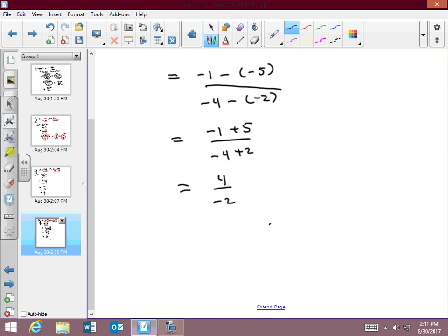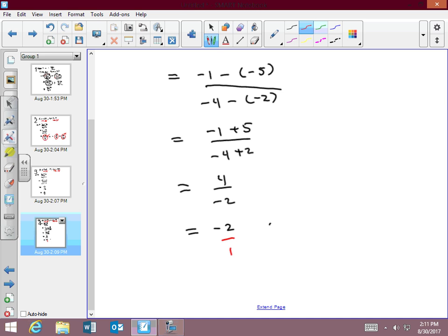Now you can read that as up 4, left 2, or left 2 up 4. Or you can reduce this and put a minus 2, and there's an understood 1 in the denominator. So that's going to say right 1, down 2.